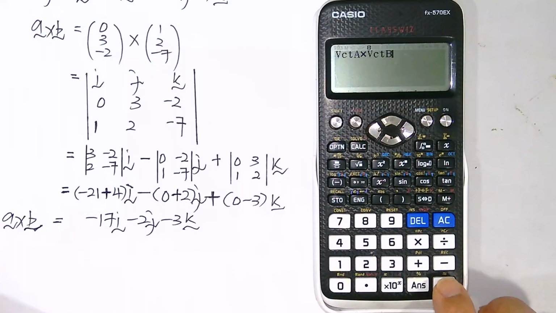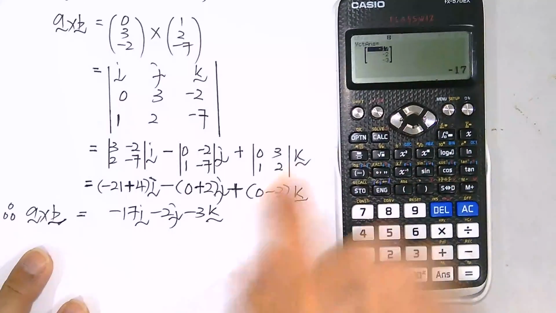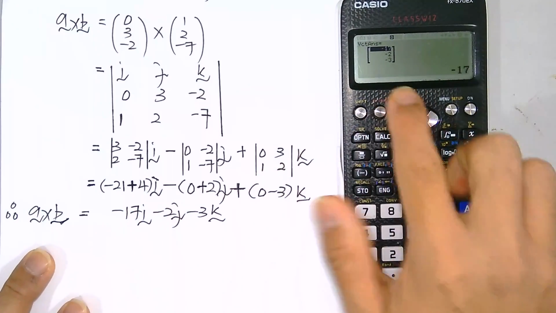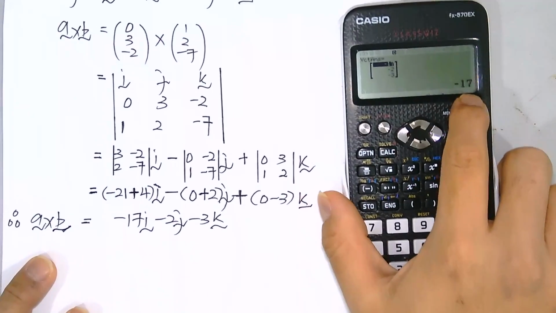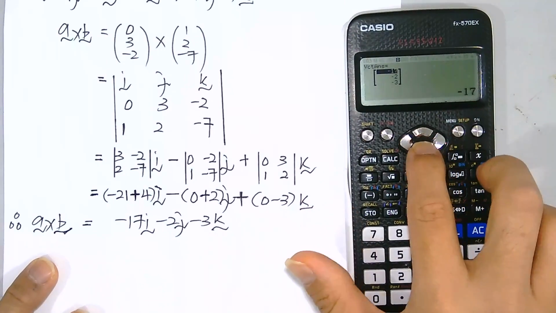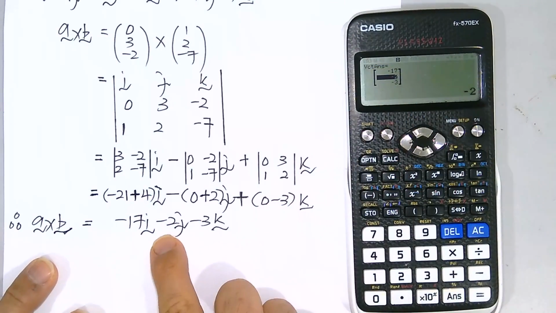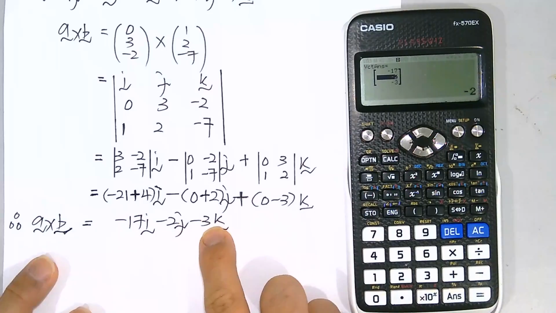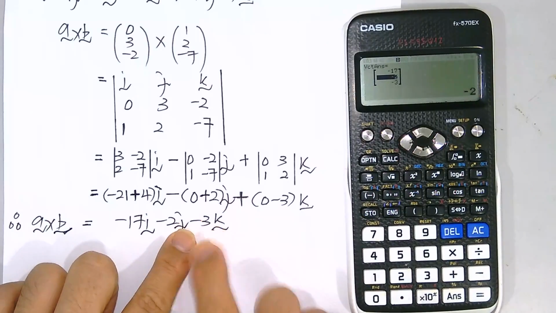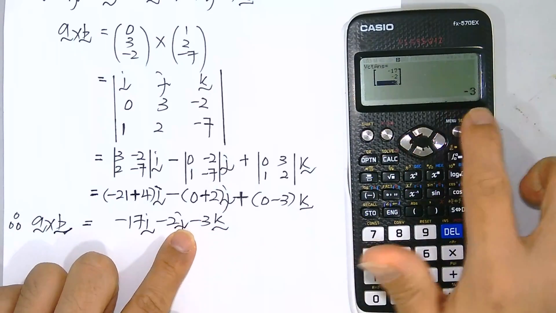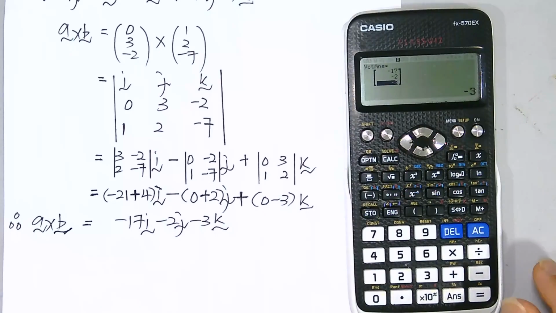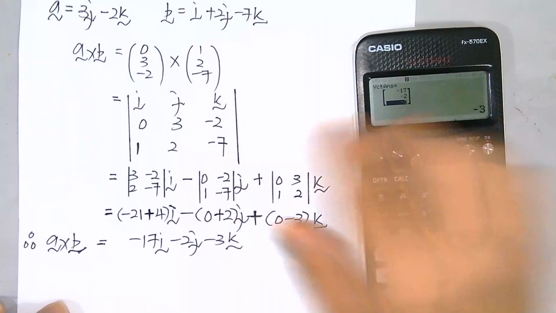Then you press equal. Very easy, very fast. You can see negative 17, followed by negative 2, and followed by negative 3. As simple as that.